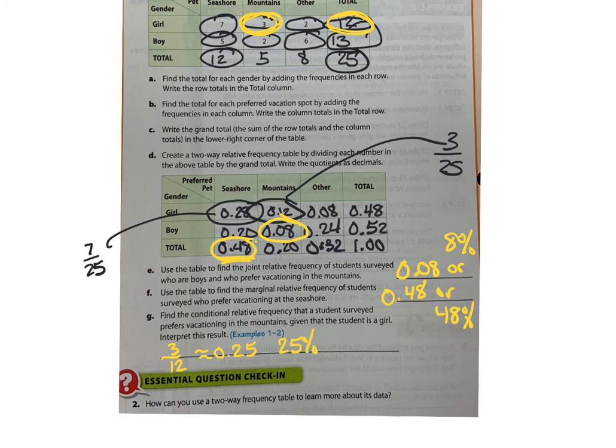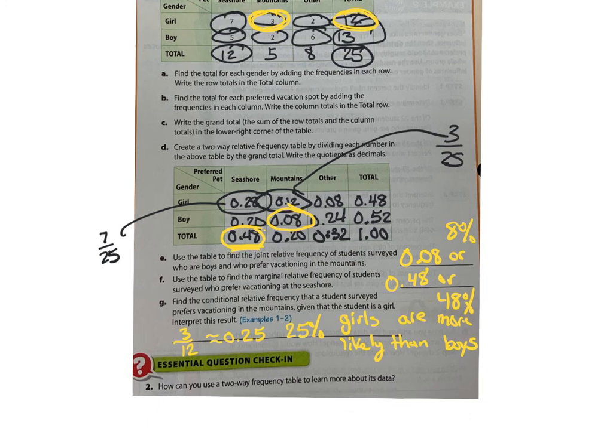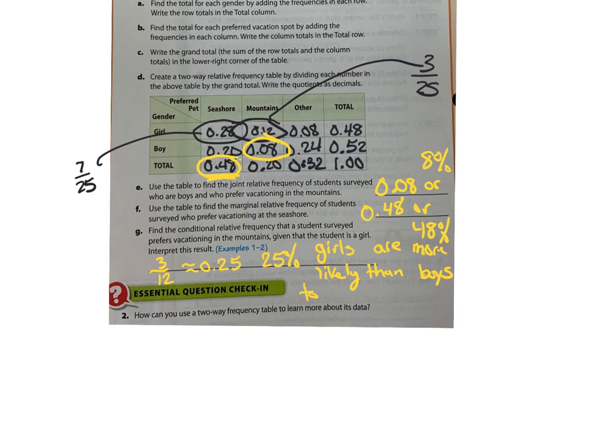And the results mean, if we compare it to boys, it's less, right? 2 out of 13. So what we could say is girls are more likely than boys to prefer the mountains.